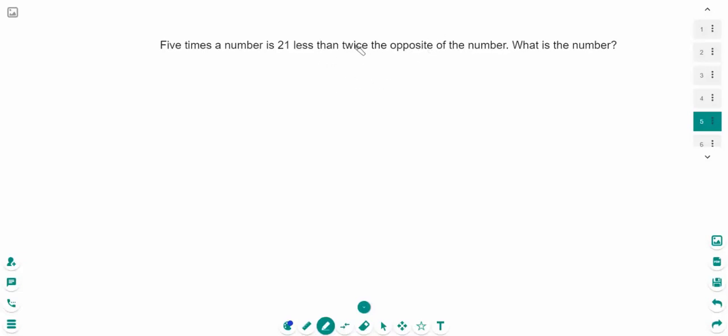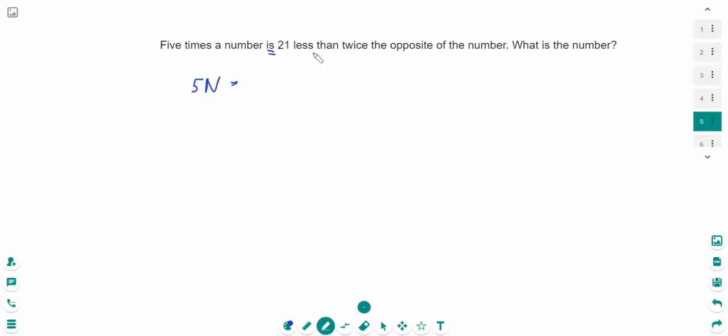There's no commas in this, and if we look around, there's only one "is." So that's likely the equal sign, again, like the other problems that we were working with. So let's see if that makes sense. 5 times a number, well, that would be 5n. Is, well, that's equals 21 less than twice the opposite of the number.